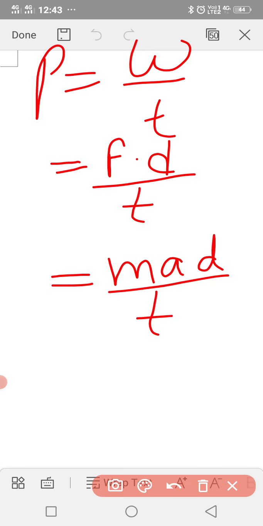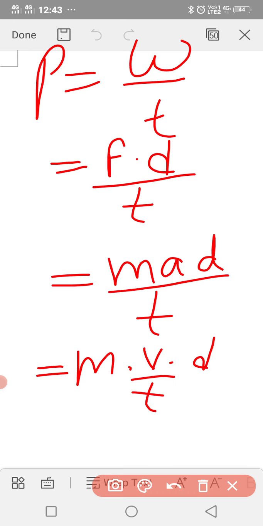Now acceleration is again a difficult, derived quantity. We have to change it into fundamental quantities. So it is mass, length, that is velocity upon time, and one time was already here. Now velocity again we can convert: it is distance upon time.